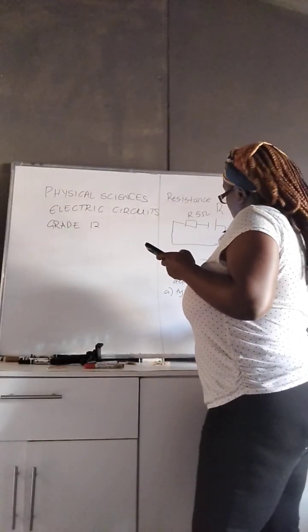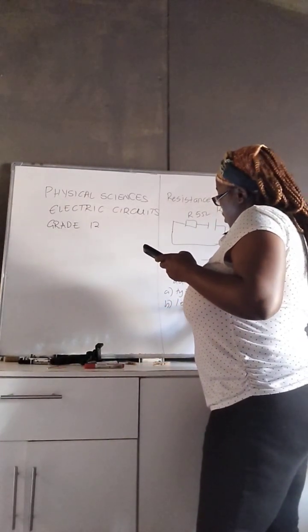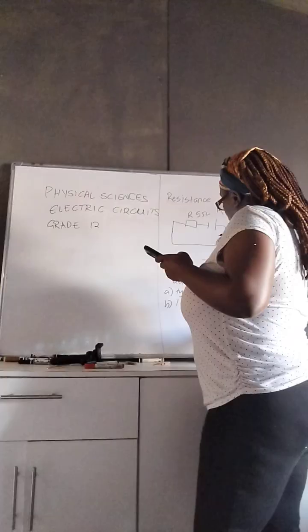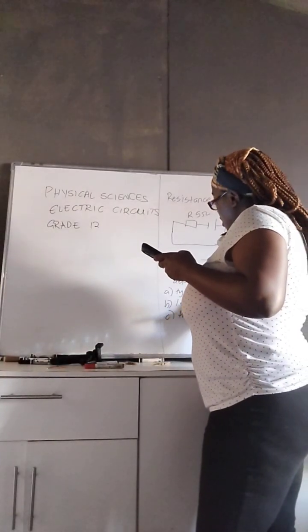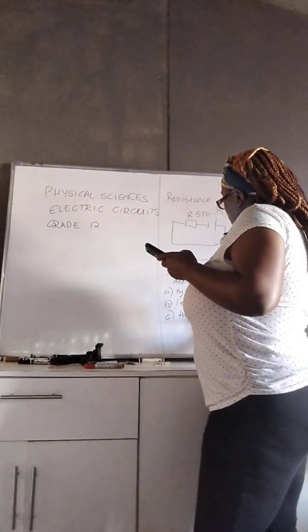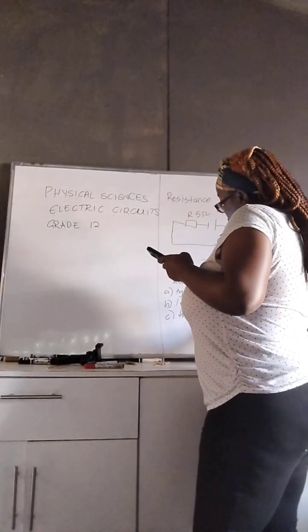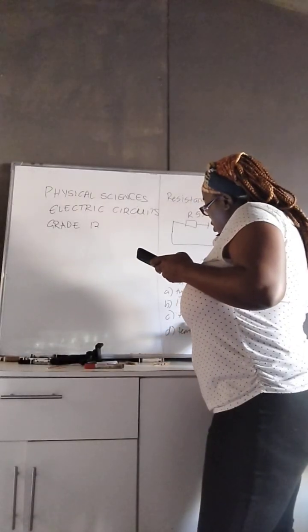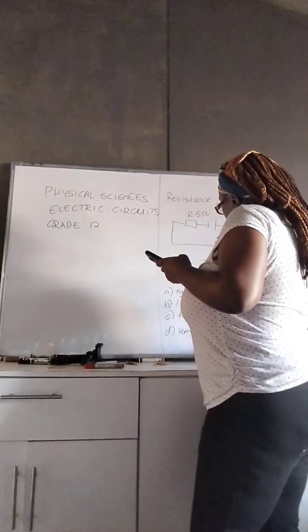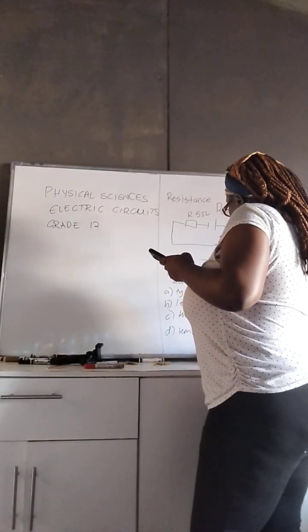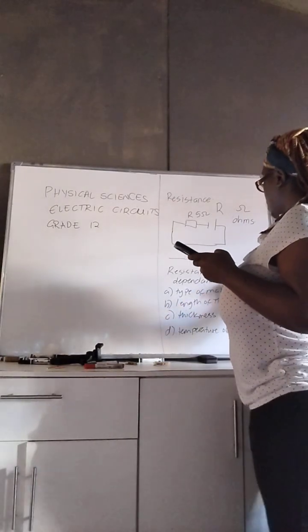Number two, the length of the conductor. Number three, the thickness of the conductor. Number four, the temperature of the conductor.